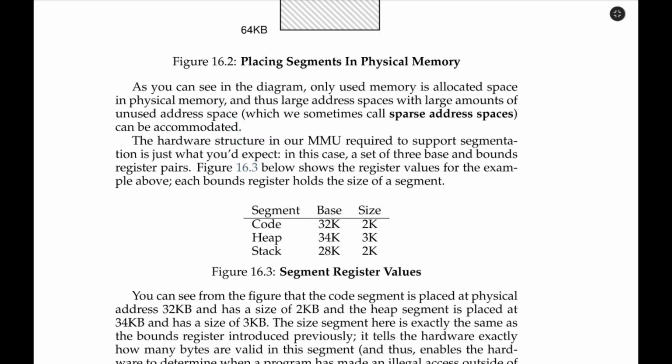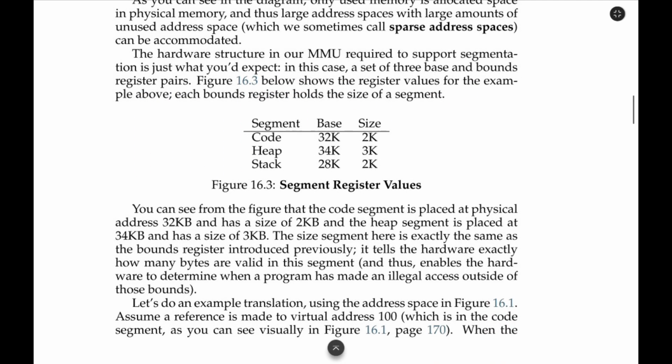The hardware structure in our MMU required to support segmentation is just what you'd expect: in this case, a set of three base and bound register pairs. Figure 16.3 below shows the register values for the example above. Each bound register holds the size of the segment. Figure 16.3, segment register values.